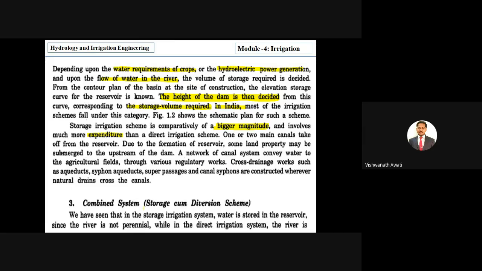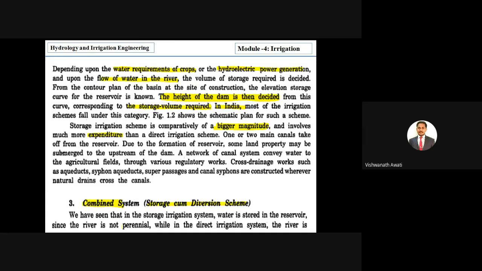Then we'll go for the last one, the combined system, or storage cum diversion scheme. Here we have seen that in the storage irrigation system, water is stored in the reservoir when the river is not perennial.